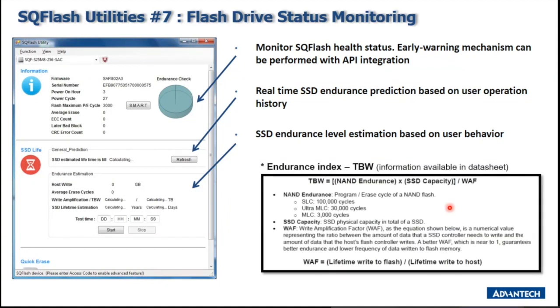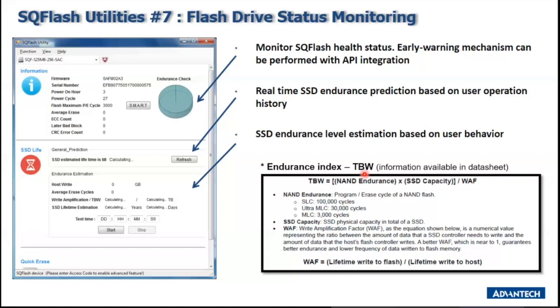Well, some of you might be curious why we don't use MTBF as a reliability measurement. Because MTBF is a popular measurement for hard disk HDD, but not that relevant for the SSD. The main reason is because SSD has no internal moving parts. Instead, we use TBW.